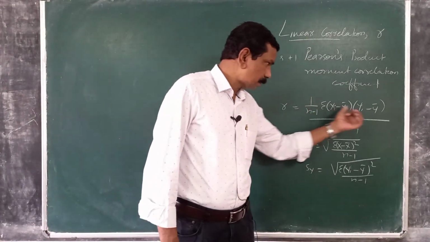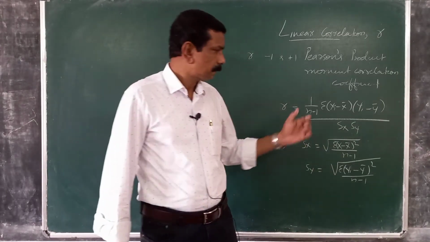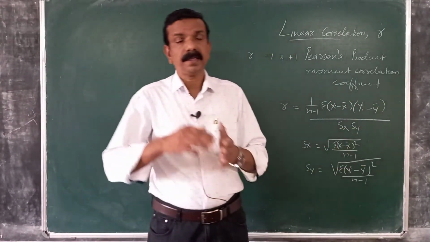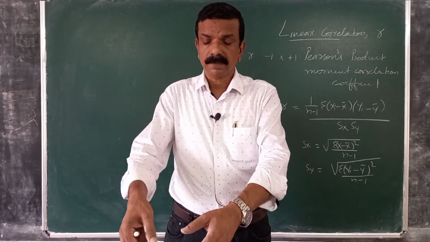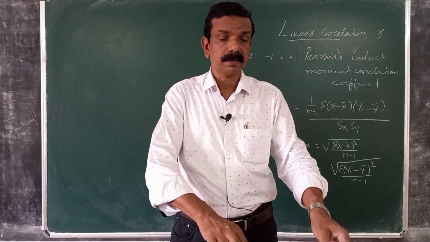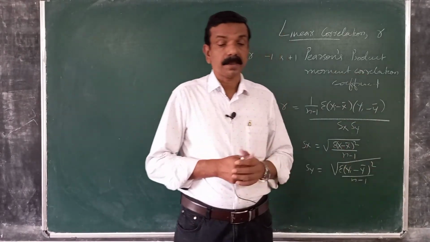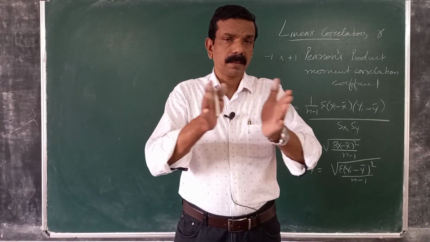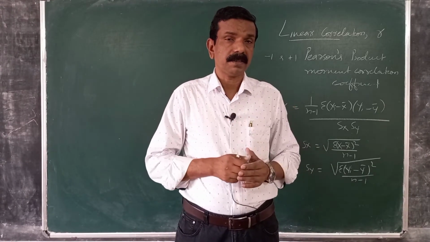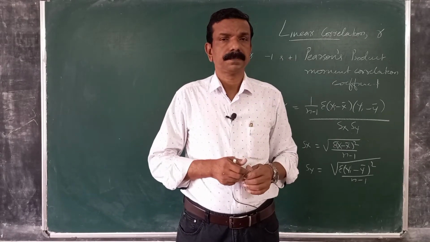The second is R always lies between minus 1 and plus 1, and this results from the properties of variances and covariances. If you want a formal proof of these statements, just go through my class on correlation coefficients given in econometrics.